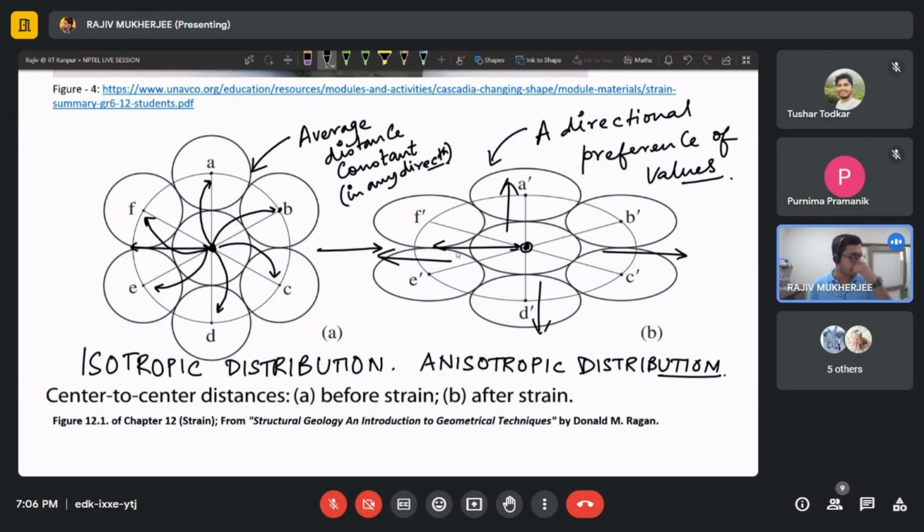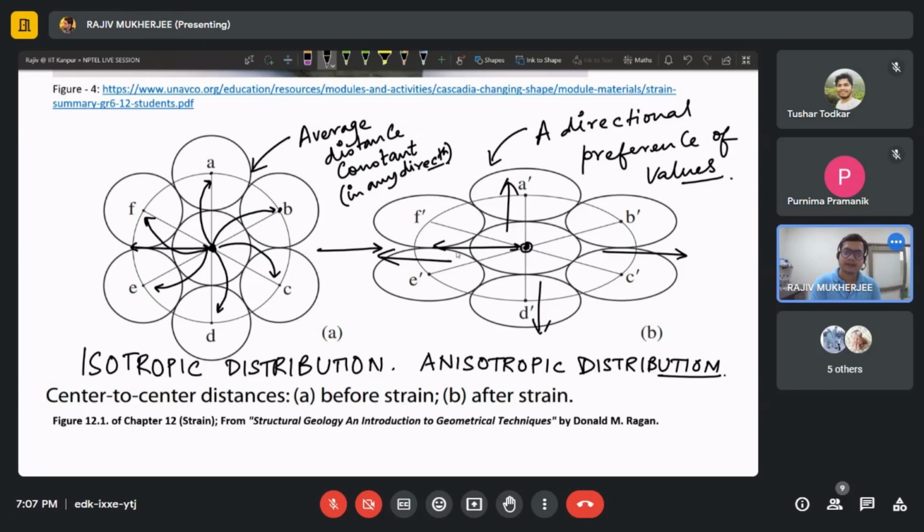If the average distance from one center to another along a particular region remains the same all over this region, that would say that it is an isotropic distribution. The average distance remains the same. Hence if we observe an isotropic distribution, that would tell us that the sample is undeformed.